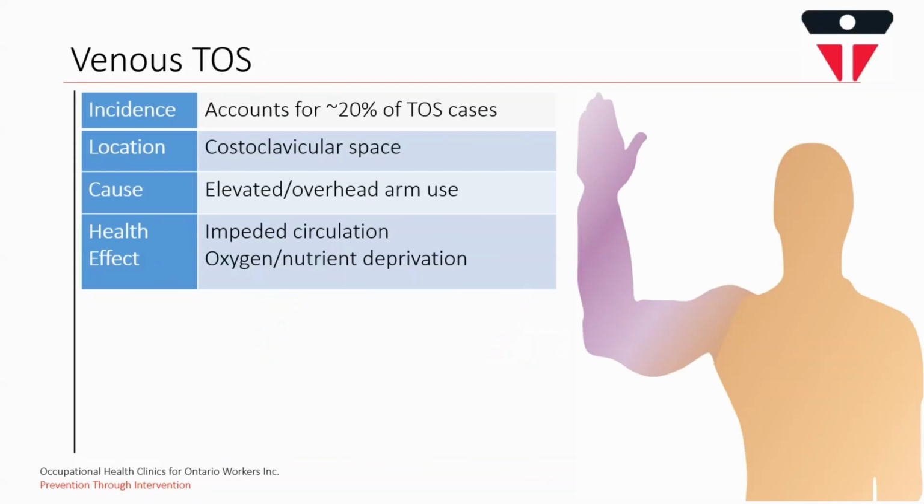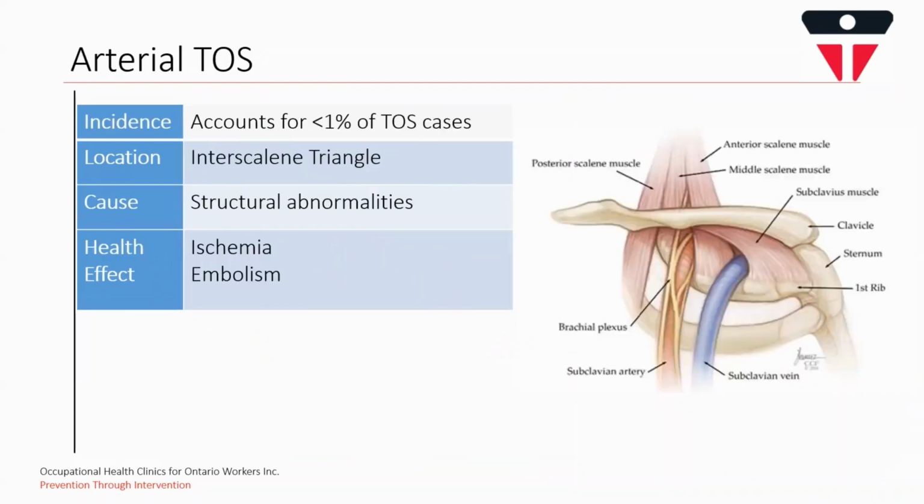The health effects are impeded circulation and reduced oxygen and nutrient supply. Arterial thoracic outlet syndrome occurs within the interscalene triangle. It's often caused by structural abnormalities, and the health effects are ischemia and possible development of an embolism.